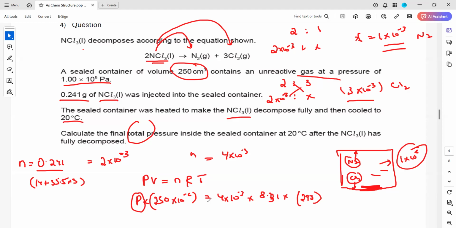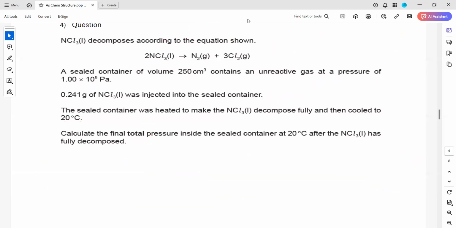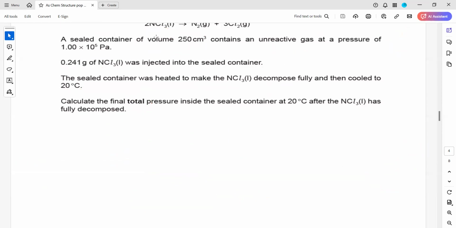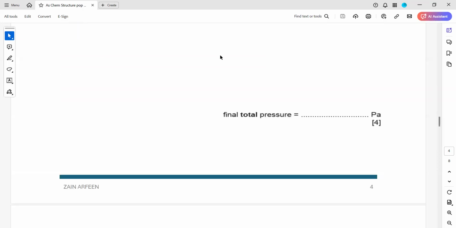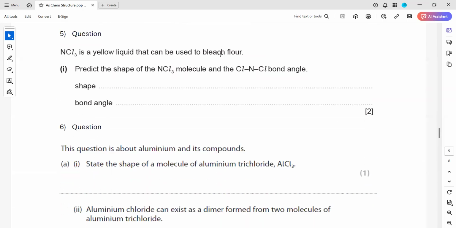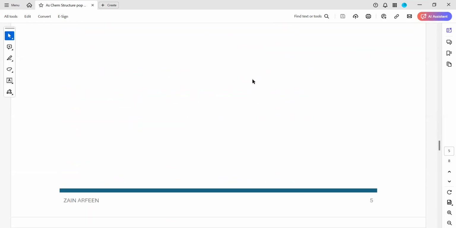Any doubt in this? Question 5, 6. Any doubt?